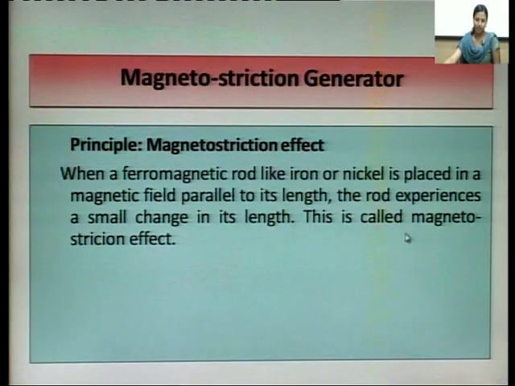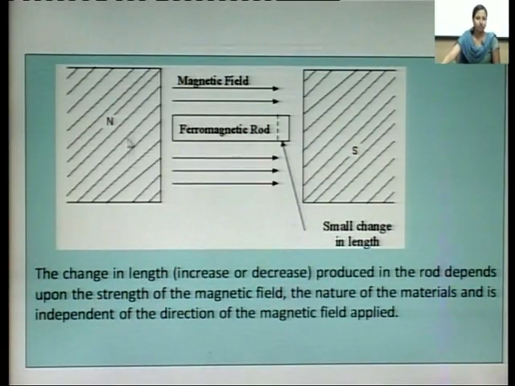So what is this effect? When a ferromagnetic rod like iron or nickel is placed in a magnetic field parallel to its length, the rod experiences a small change in its length. This is called the magnetostriction effect. Here we can show in this example a ferromagnetic rod placed in the magnetic field.